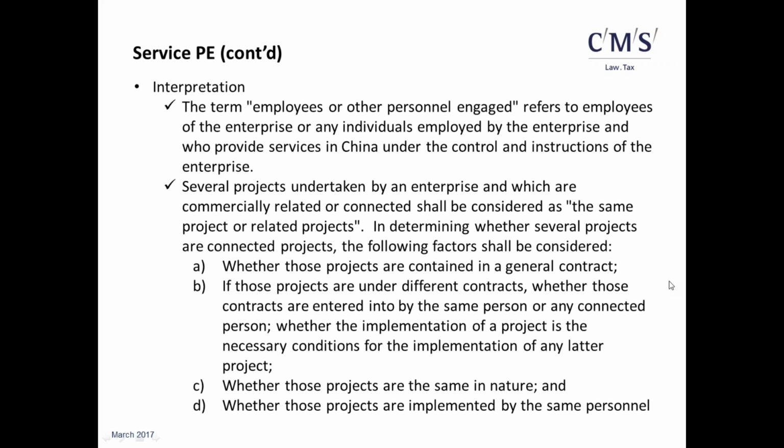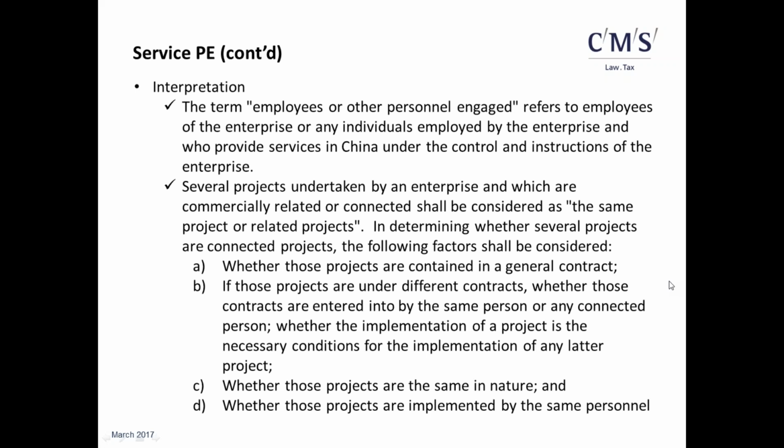And the second factor is, if those projects are under different contracts, whether those contracts are entered into by the same person or any connected person, and whether implementation of a project is a necessary condition for implementation of any latter project.